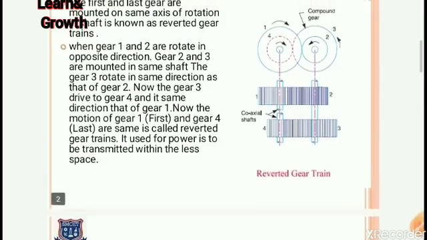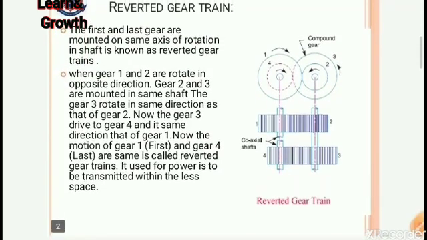Now gear 3 drives gear 4, and it rotates in the same direction as gear number 1. The motion of gear 1 and gear 4 being the same is called a reverted gear train.